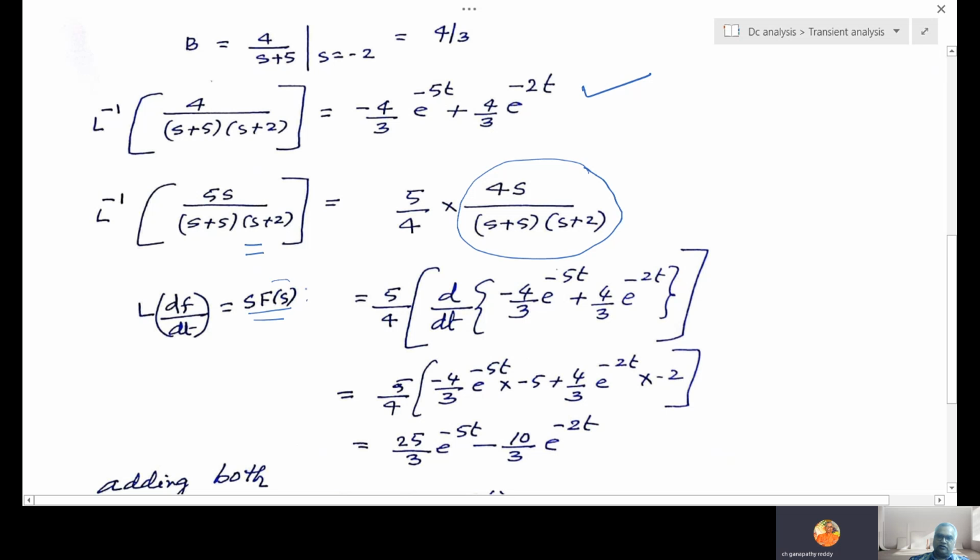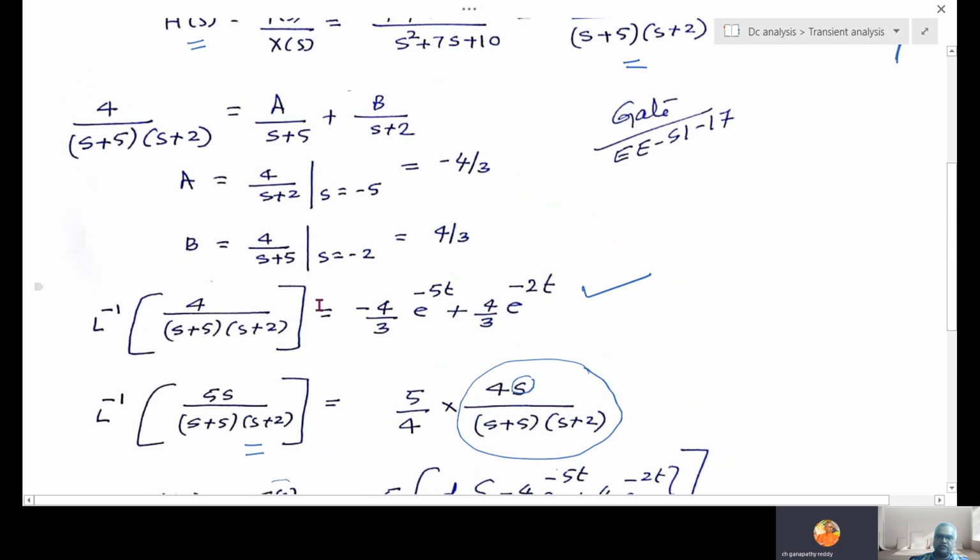Now this is how it looks: s is multiplied with 4 by some function. The 4 by this is already done, and that is multiplied with s. So what is the inverse of this one? Since the Laplace of df by dt is s into F of s, therefore 5 by 4 as it is, d by dt of the time domain function.